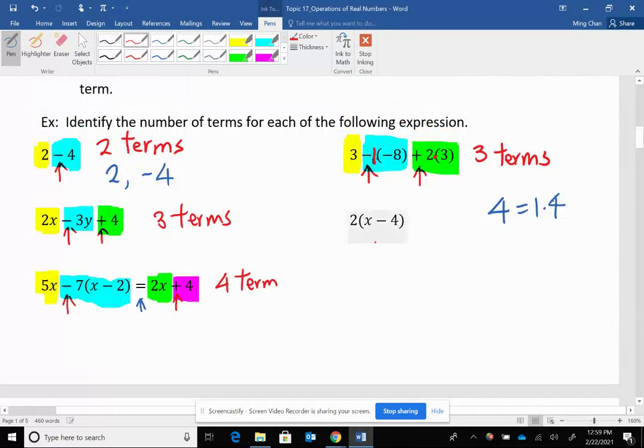All right, this is a little bit tricky right here. Between the 2 and a parenthesis is multiplication. So how many terms does this expression have?